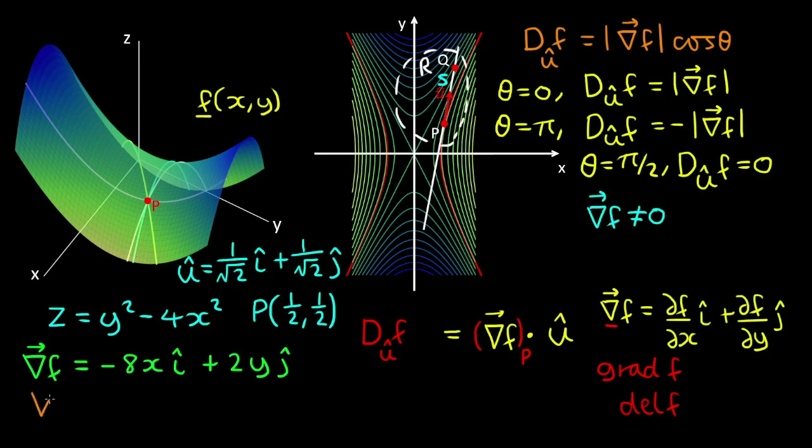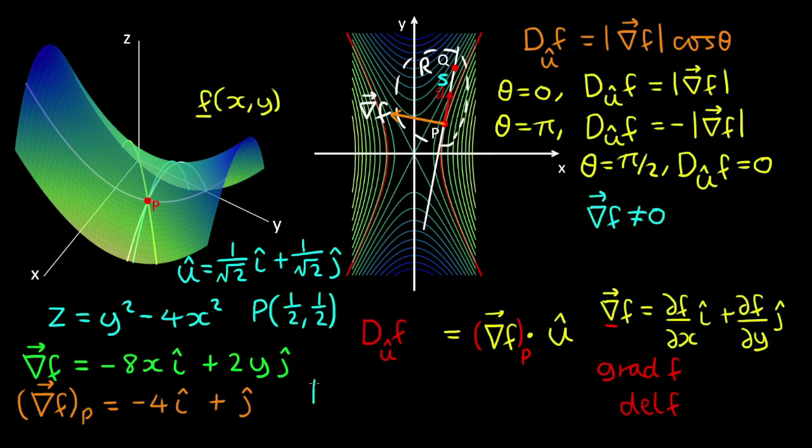So evaluating the gradient at point P, we have minus 8 by a half, which is minus 4 in the i direction, and 2 by a half is 1 in the j direction. So our gradient vector points somewhere in this direction in the xy plane.